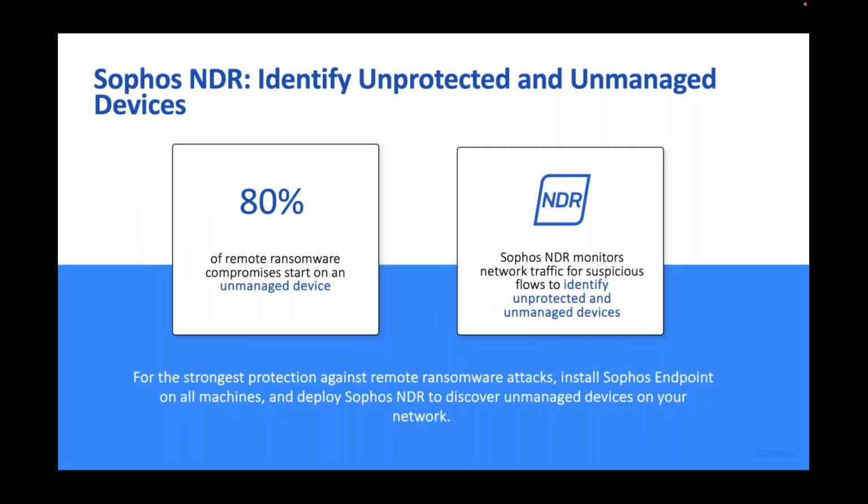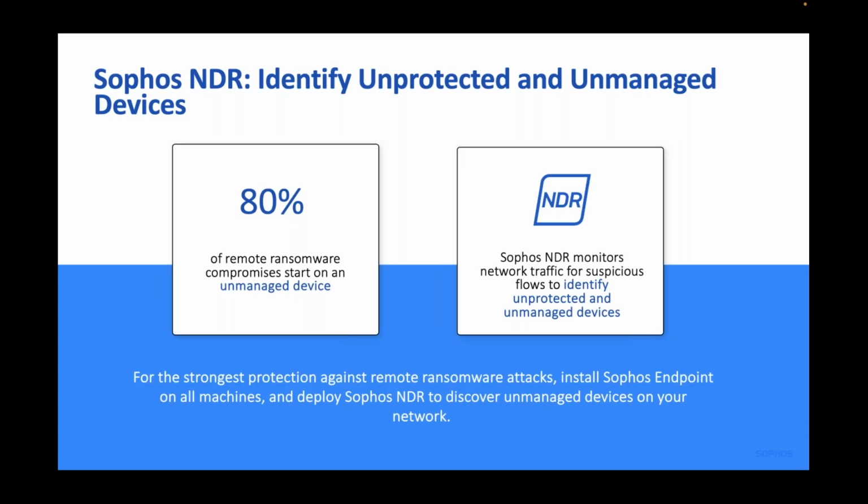And one of the things I did want to talk about with XDR is now the ability to also introduce telemetry from our own NDR sensors. So just to give you a bit of clarity on what NDR is, in case it's just another acronym in this ever-increasing world of cybersecurity acronyms.